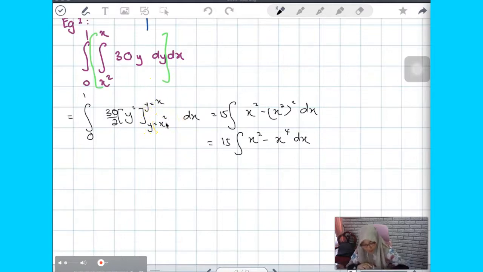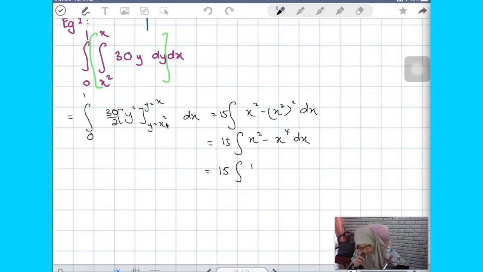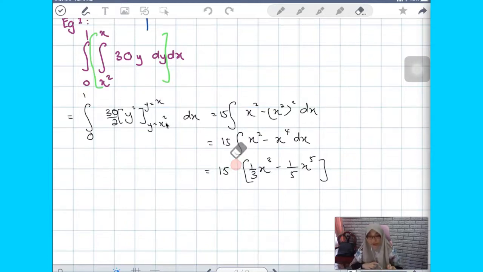Next, we do the second integration, where you integrate x squared with respect to x. This will give you 1 over 3 x cubed minus 1 over 5 x to the fifth. I should erase that symbol because that is the answer now.